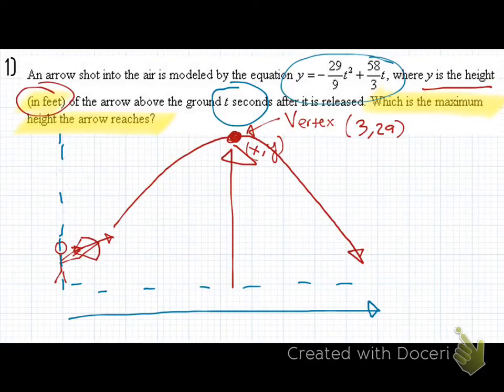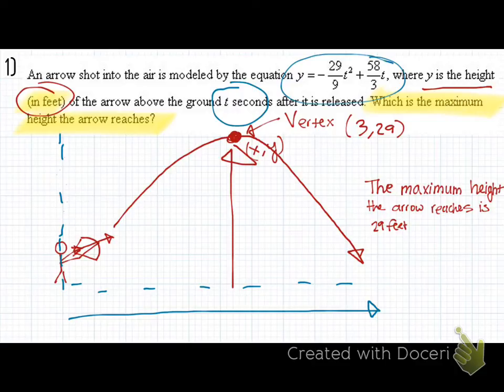So the question again is, what is the maximum height the arrow reaches? We would say the maximum height the arrow reaches is 29 feet, okay?